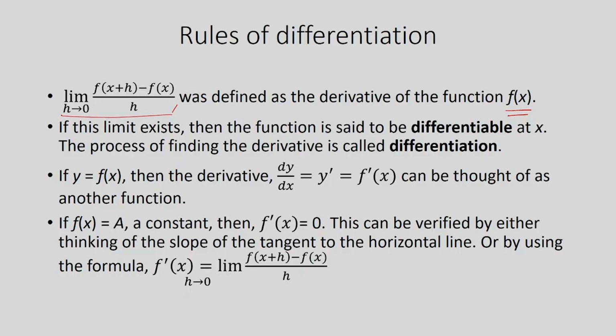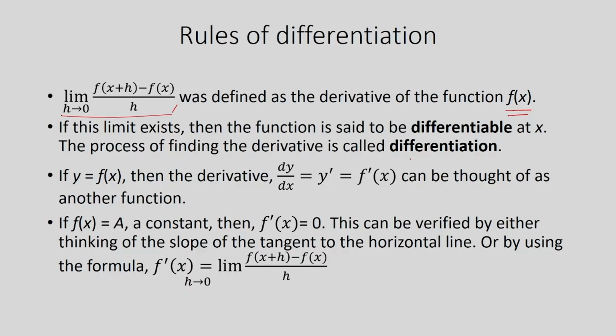If this limit exists, then the function is said to be differentiable, right, and we have seen that the limit may not exist in many cases, and if the limit does not exist, then the function is not differentiable. The process of finding the derivative is called differentiation.